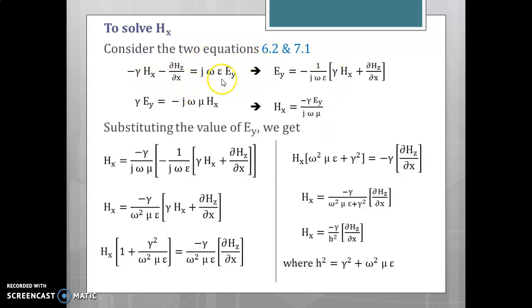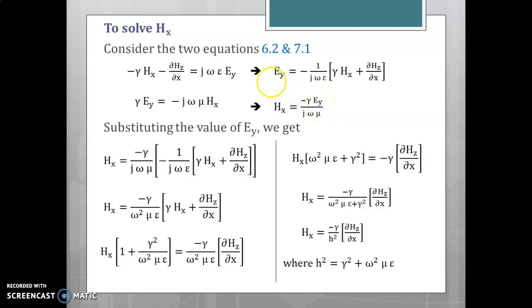From this equation, Ey can be written as, you take the minus sign common, so minus 1. You bring this term to the denominator, it is 1 divided by j omega epsilon into gamma Hx plus dou Hz by dou x. And similarly, from this equation, Hx can be written as minus gamma divided by j omega mu into Ey.